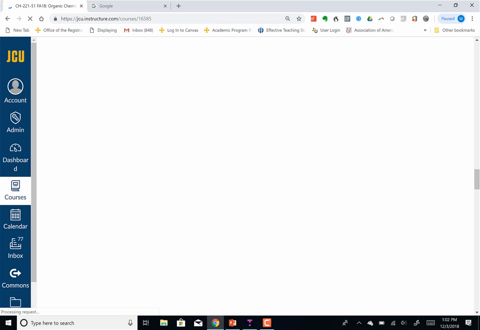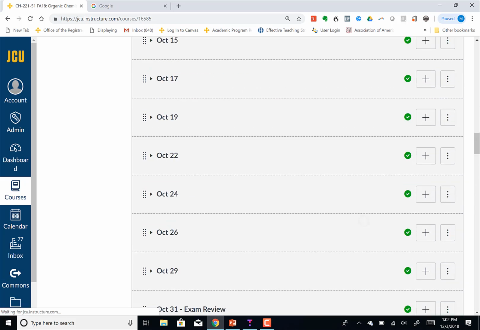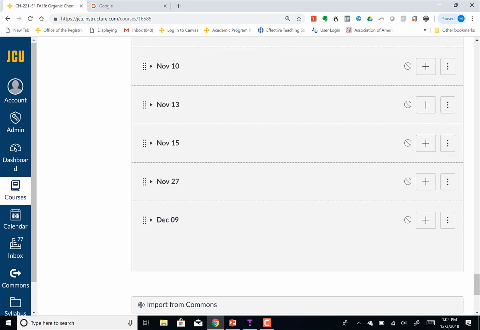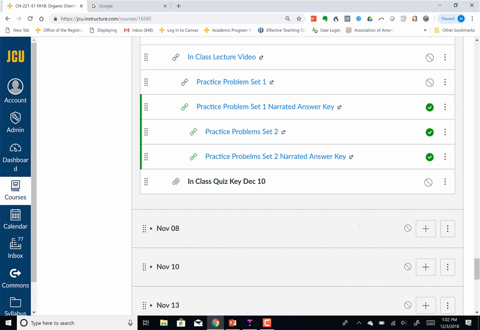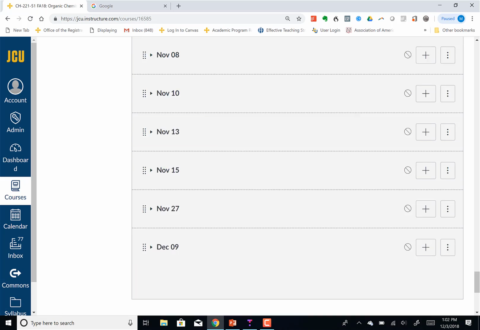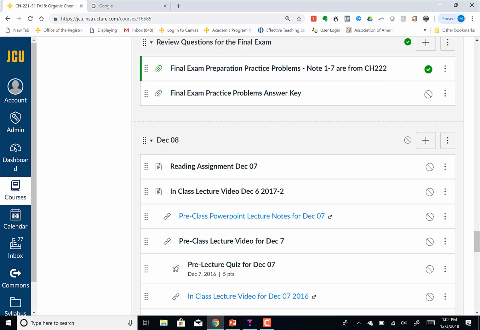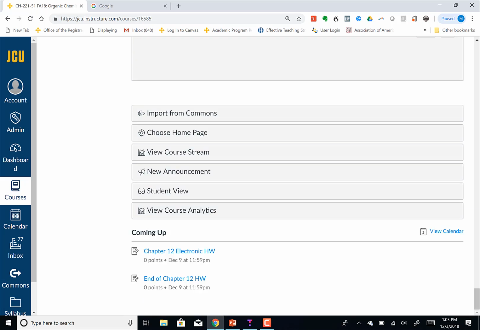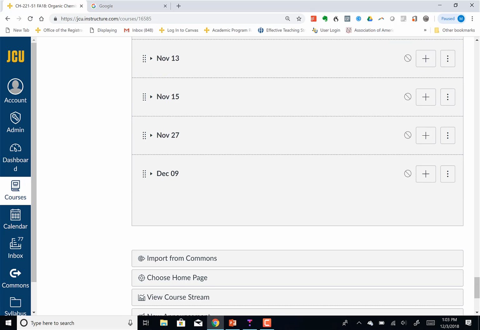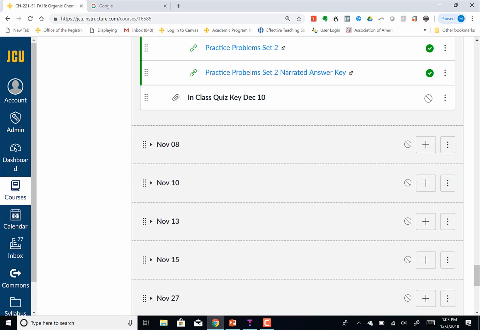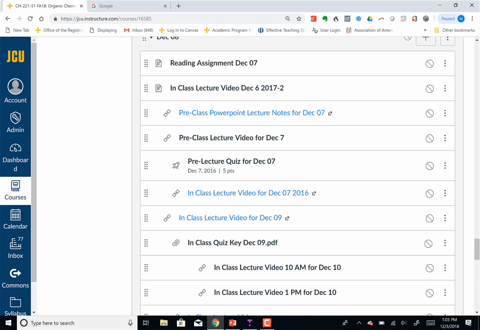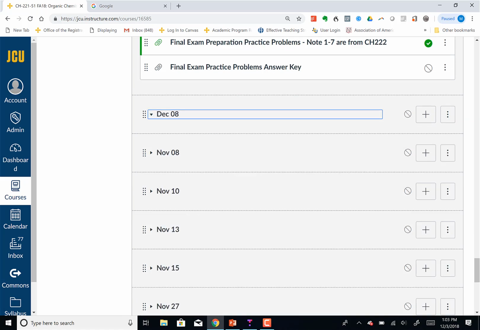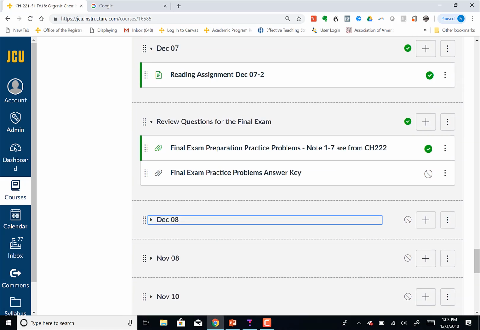At the end, in the last folder on Canvas, there should be a folder called Review Questions for the Final Exam. So there's about 70 or so practice problems in this folder that you can print out.